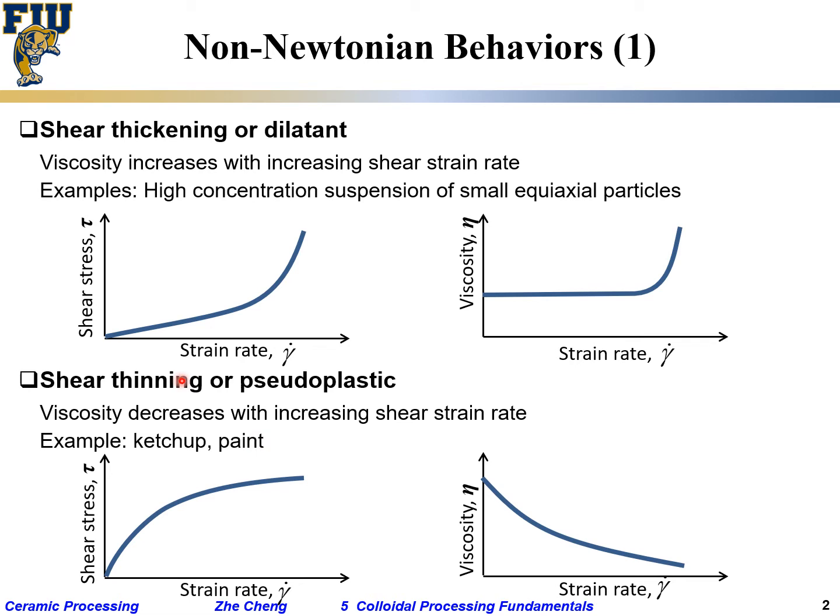As you apply shear, you want the viscosity to lower so that it can flow. It can plastically change shape. That's for typical paint or for ketchup. When you apply shearing stress, you can scoop out the ketchup. You can make the ketchup flow.